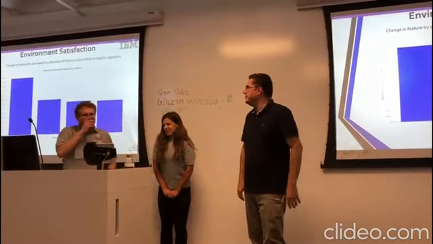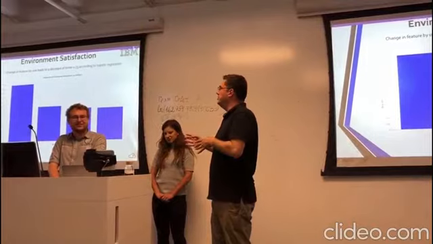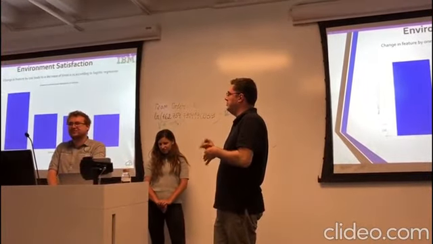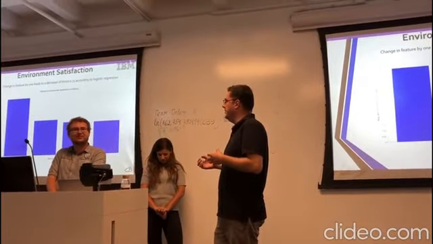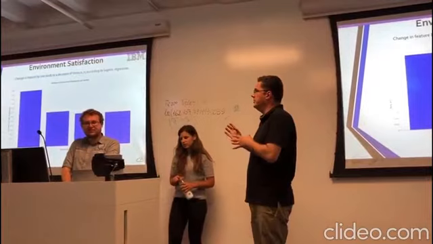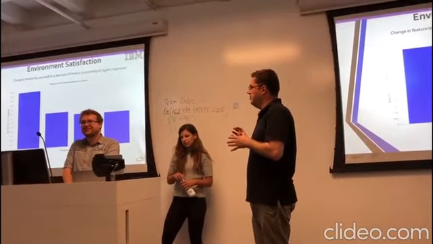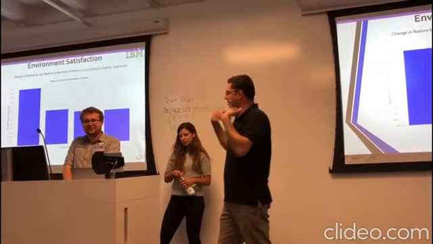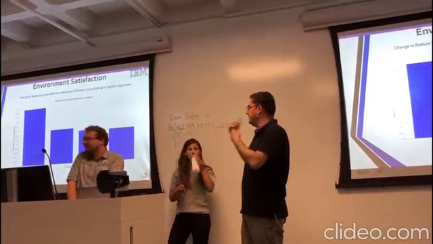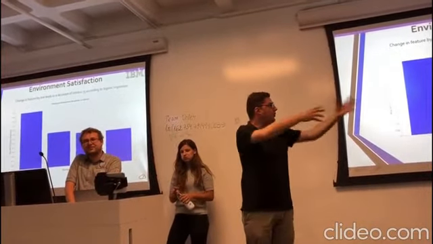Thanks, Lisa. So we keep talking about some variables that we found very interesting in the model that we built. One of the environment satisfaction measurements is very interesting because we're seeing here the environment satisfaction from the worst, at the far left, to the best ratings at the right.